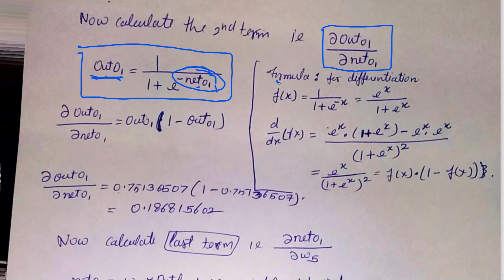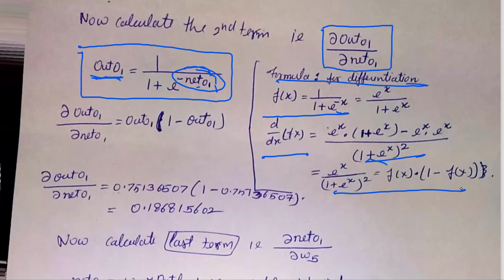Okay, so this is the formula for differentiation. I have already written here for your understanding. And after differentiating this, the formula is out O1 (1 minus out O1). Out O1 here is output of O1.